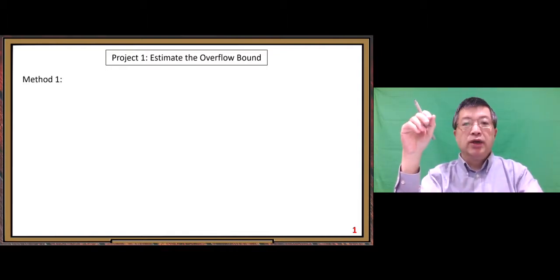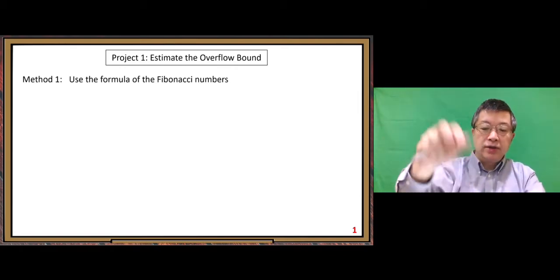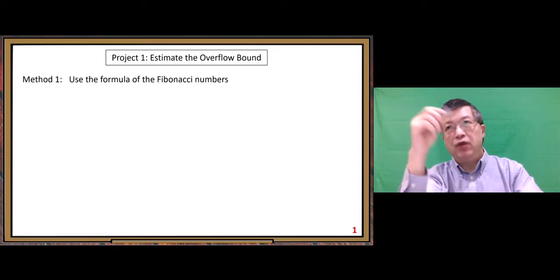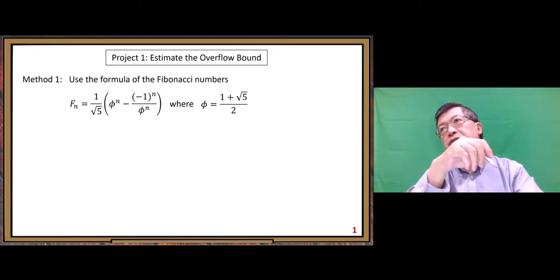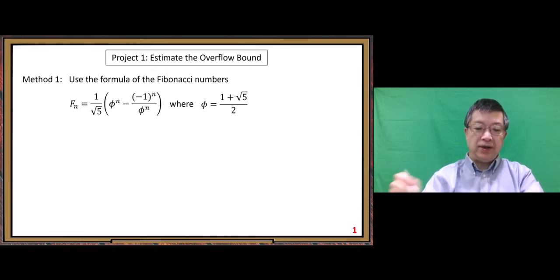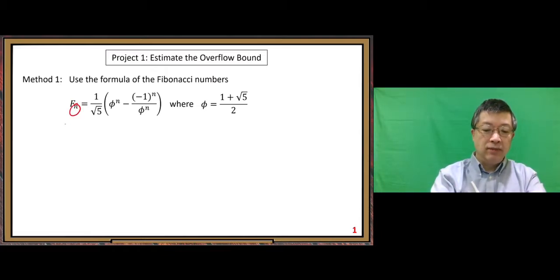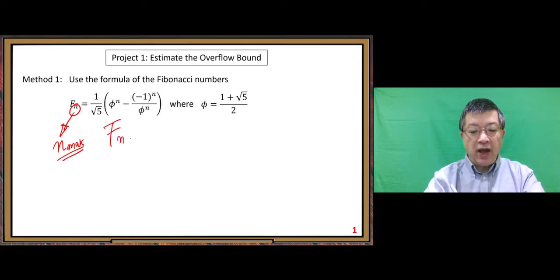The first one, using the Fibonacci numbers formula. We know that formula, so this is the formula. And phi is the golden ratio. Now we want to calculate the maximum n in the project, we call it n max, such that when you calculate f of sub n max, there is no overflow.